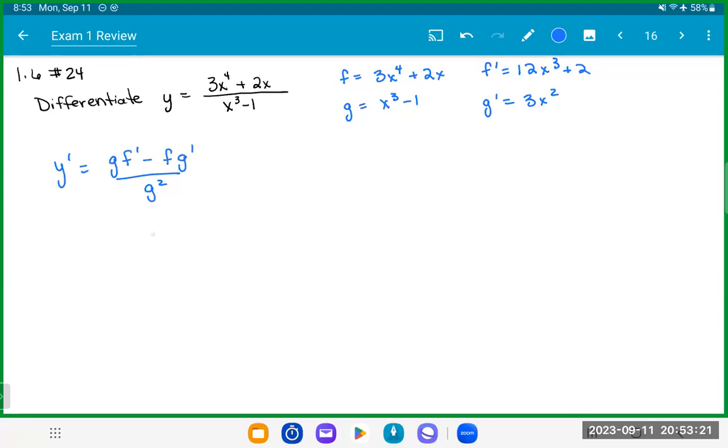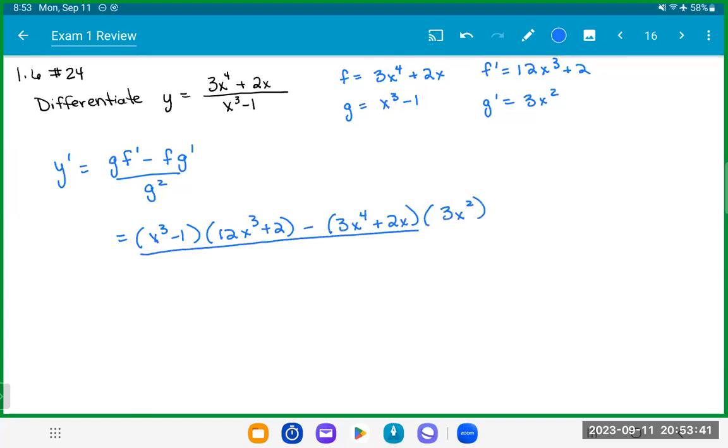So that gives me x cubed minus 1 times 12x cubed plus 2, minus 3x to the 4 plus 2x times 3x squared, all of that divided by g, which is x cubed minus 1 squared. Okay?